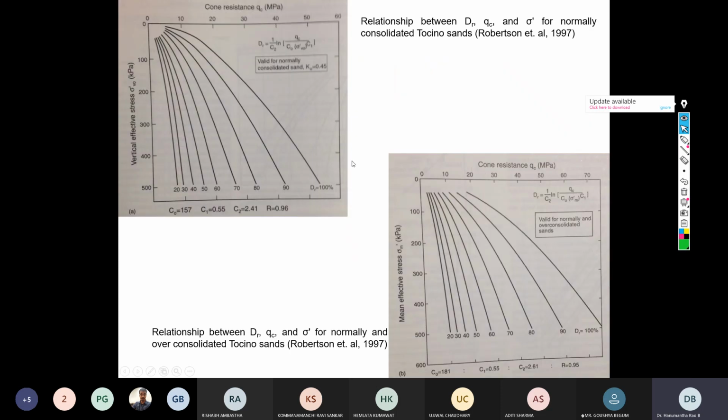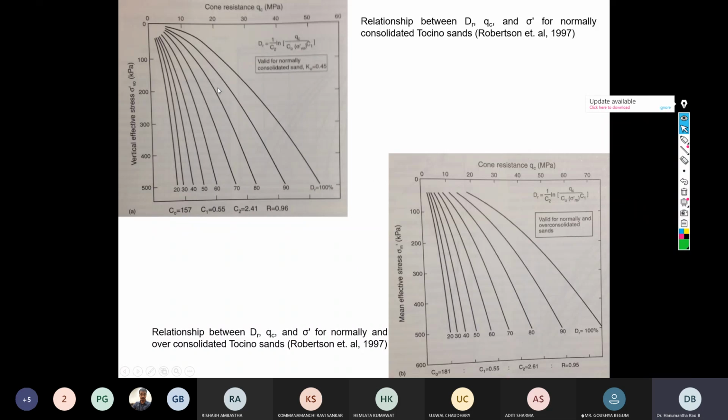So these are the further correlations, as we can see here. As we were discussing in the previous slide about the different constants C0, C1, C2. Here the correlations were proposed between cone resistance QC and vertical effective stress sigma V naught, as a function of the relative density for different values of the constants.